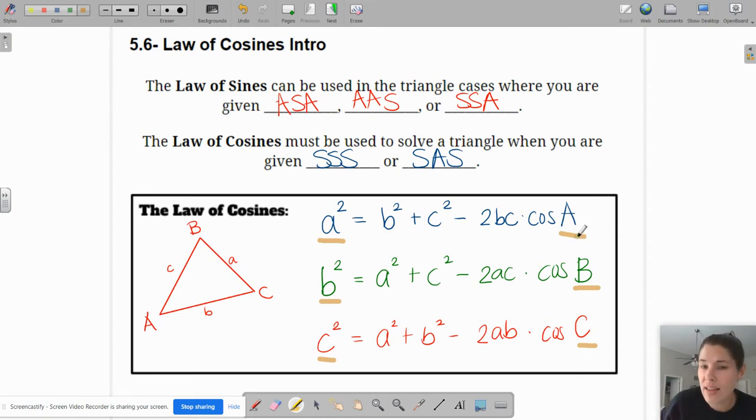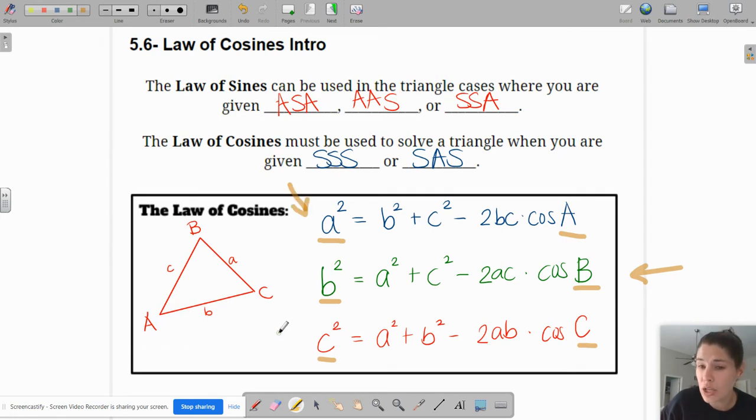Now, where I've highlighted underneath with the orange, the item that you're looking for is going to be one of those. For instance, if I gave you a problem and said solve for angle B, I can see angle B shows up right here. That would tell me that I'm using this equation. If I said solve for side A, well, side A is right here, so I would be using this equation.